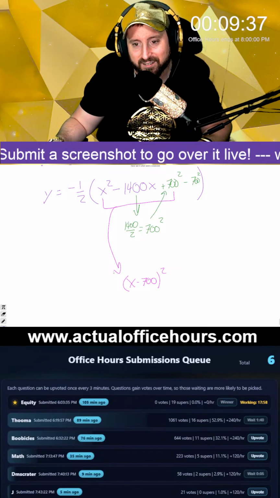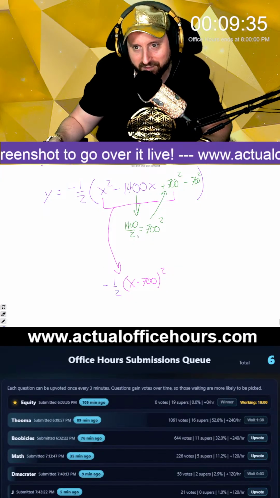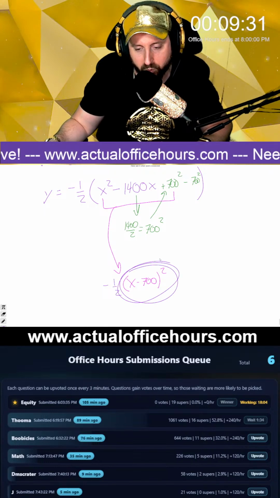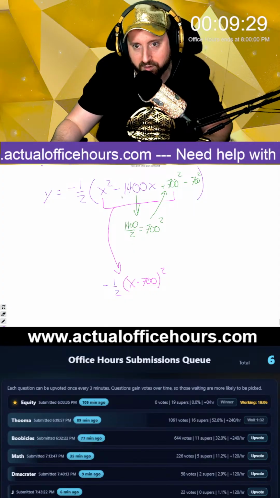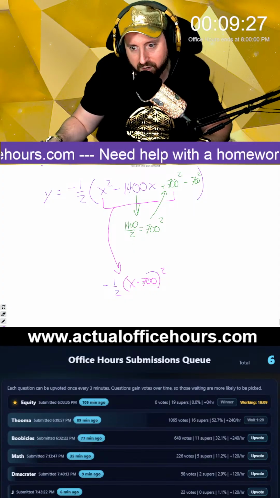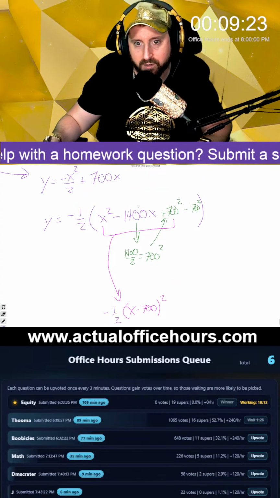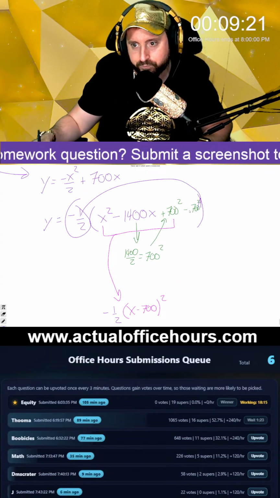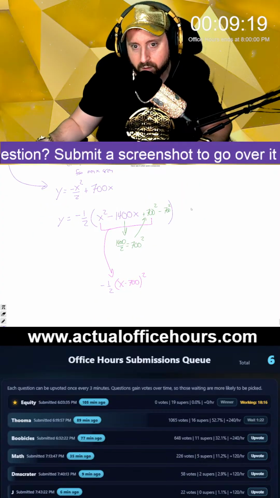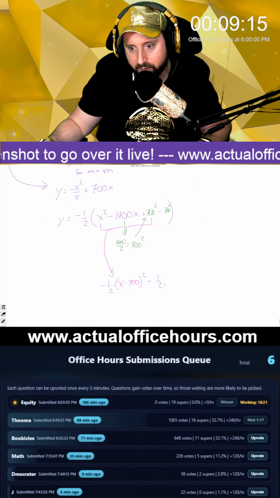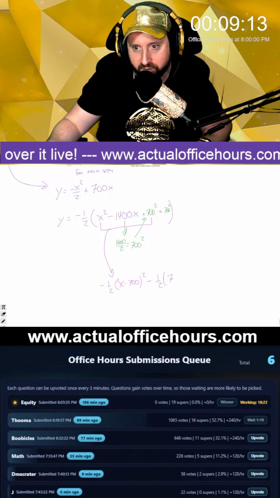Okay, so then this is negative 1/2. So this whole thing always becomes what's called a perfect square trinomial, which means you can write it as this plus or minus this thing, and then all that squared. So this whole part becomes x minus 700 squared. But then you also have to deal with this part, which would be minus 1/2 times, but then this is a plus.